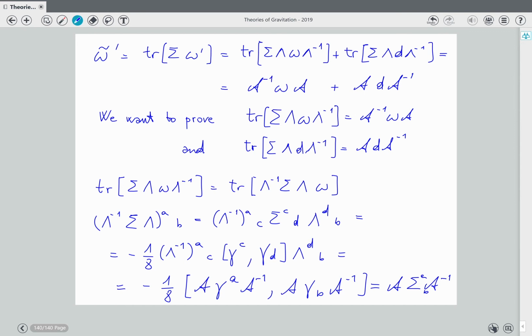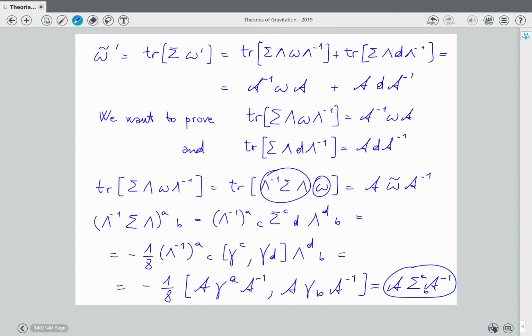Then it's easy to show that this is precisely curly A omega tilde curly A to the minus 1. Why? Because this is that, and because these matrices curly A have nothing to do with omega, because omega has no spinorial index.